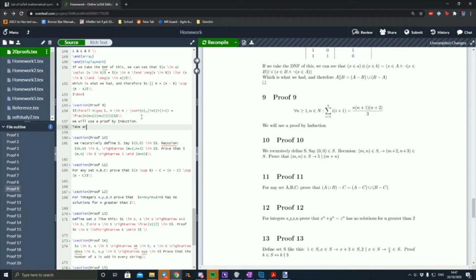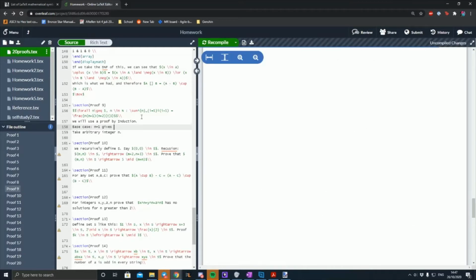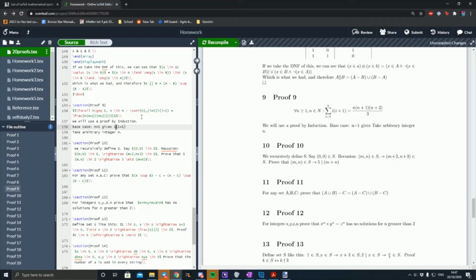Say base case n equals 1 gives 1 times 1 plus 1 is equal to the fraction of 1 times 1 plus 1 times 1 plus 2 over 3.